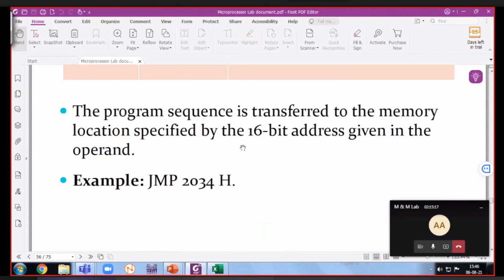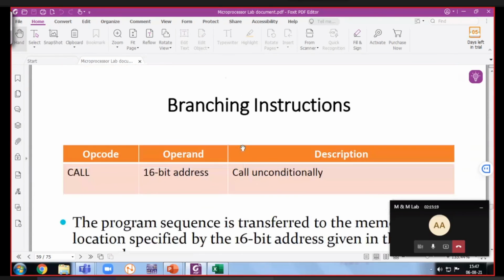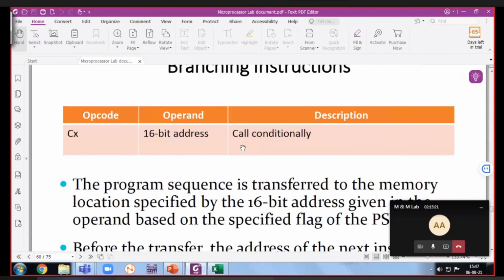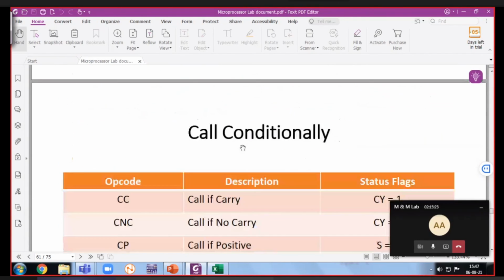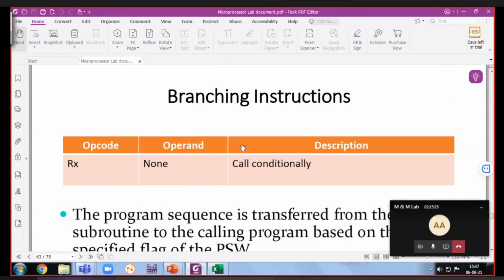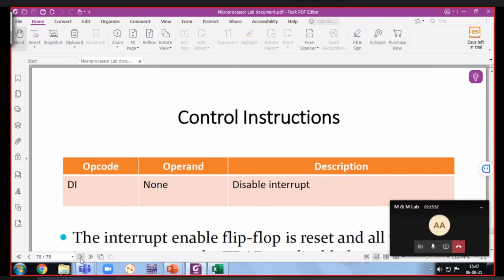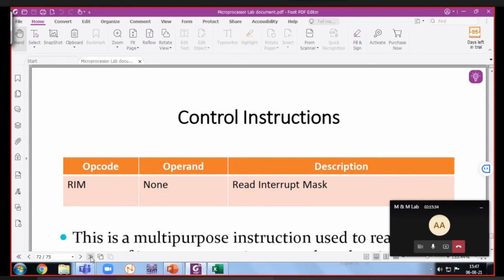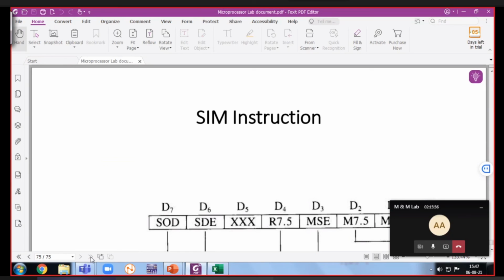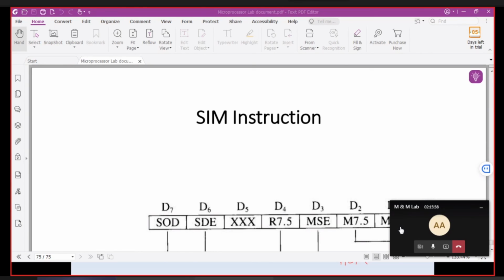There are branch instructions, jump instructions. I will explain each instruction with a proper example. Any confusion? No, sir. Okay.